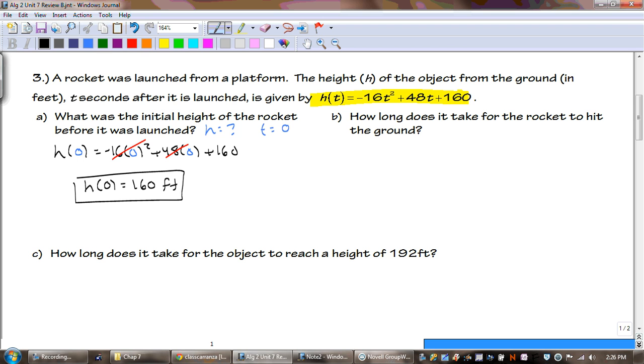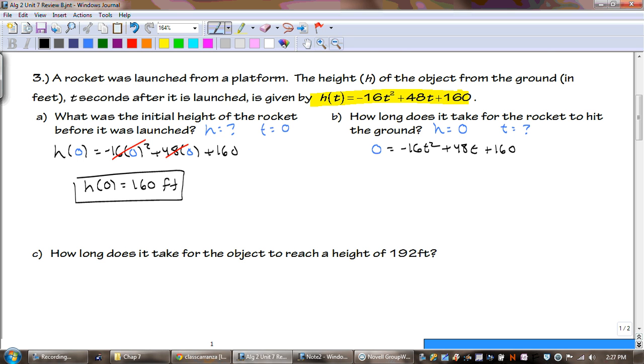Okay, next one. How long does it take for the rocket to hit the ground? So how long, that's asking about time, which means that we know what the ground is, or the height. So if it's hitting the ground, our height is 0, okay? So 0 equals negative 16t squared plus 48t plus 160.